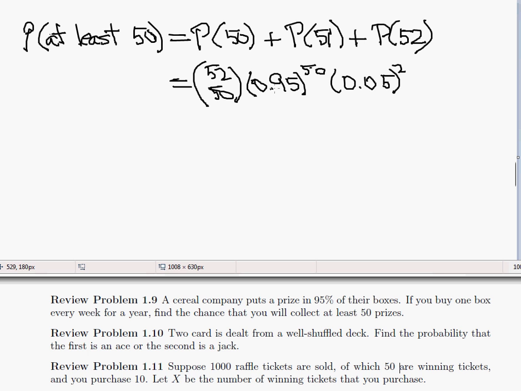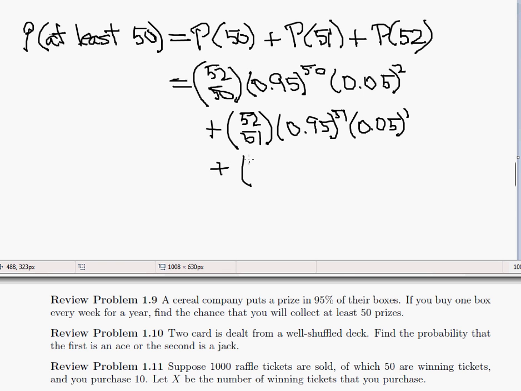n choose r, pi to the r, 1 minus pi to the n minus r. So that's 50 successes. For 51, it'd be very similar. If you have n choose r, 52 choose 51 times 0.95 to the 51st times 0.05 to the first.